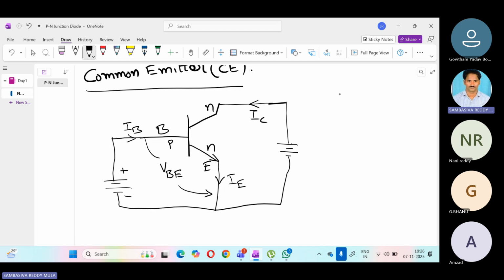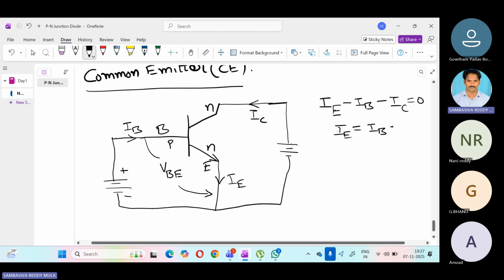Now, if you see the current relationship, if you consider the entire BJT as a single node, the emitter current is away from the node, and the base current and collector current are flowing towards the node. So this equation, IE = IB + IC, is true for all the three configurations. No need to verify.